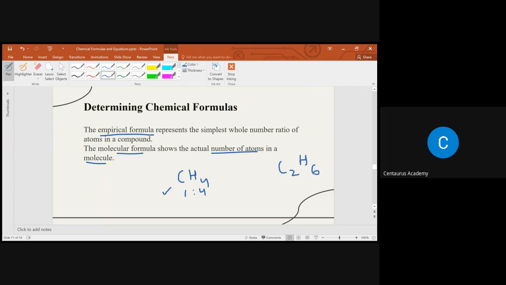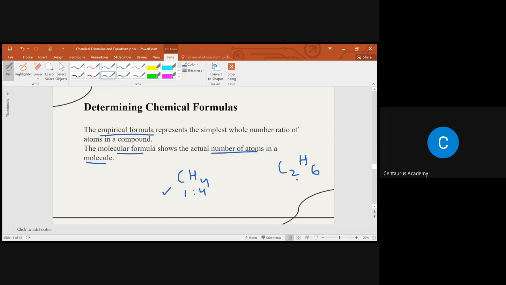The molecular formula always has to be a clear representation of the actual number of atoms in a particular molecule. You identify the atoms present in that molecule or compound, count the atoms for each different element, and simply write them as subscripts within the molecular formula.